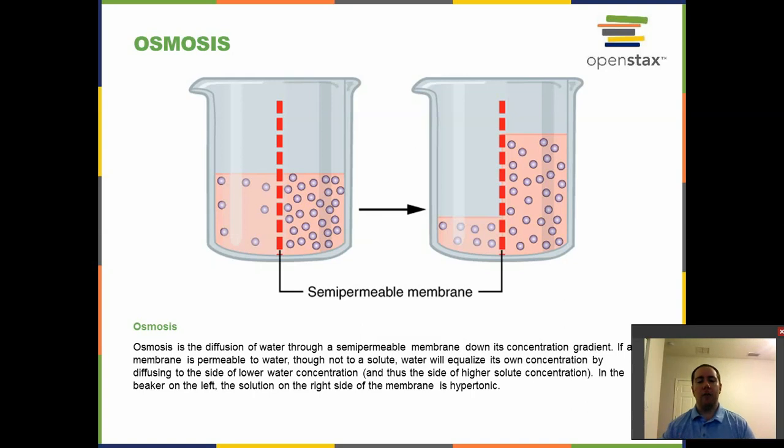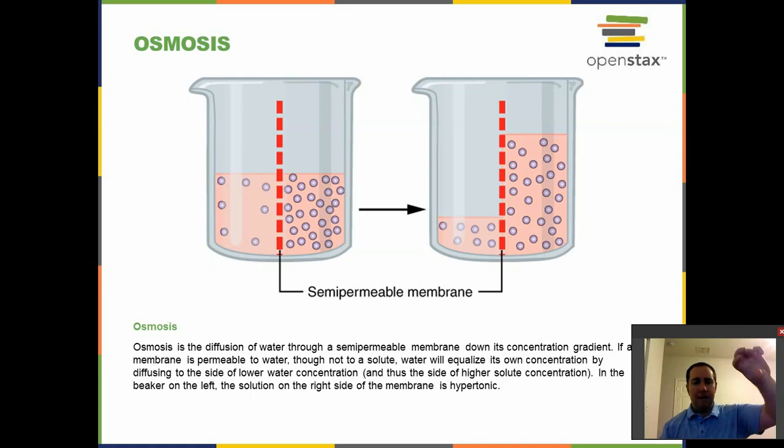So imagine we're looking at this beaker here, and we put this membrane down the middle. Now the membrane goes all the way down to the bottom, so we can pour one solution on one side, one solution on the other side, and they're not able to mix unless they go through the membrane. Now what we've poured in here is two different sugar solutions.